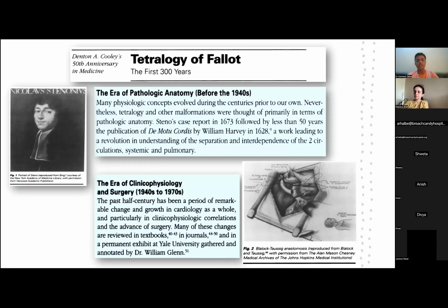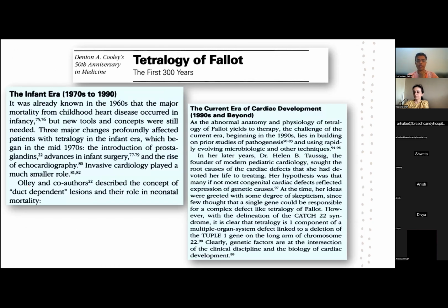From 1970 to 1990, surgeons gained the confidence to operate in infants, and cardiologists improved in diagnosis. Anesthesia, perfusion, and intensive care also developed, and that is where the results became better. Then we come to the current era, where we concentrate much more on quality of life and results-oriented pediatric cardiac surgery. So this is how the history goes.